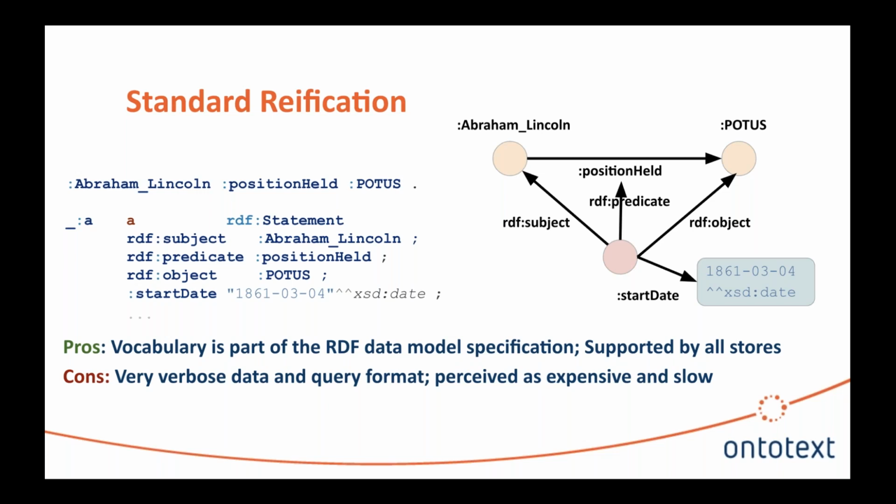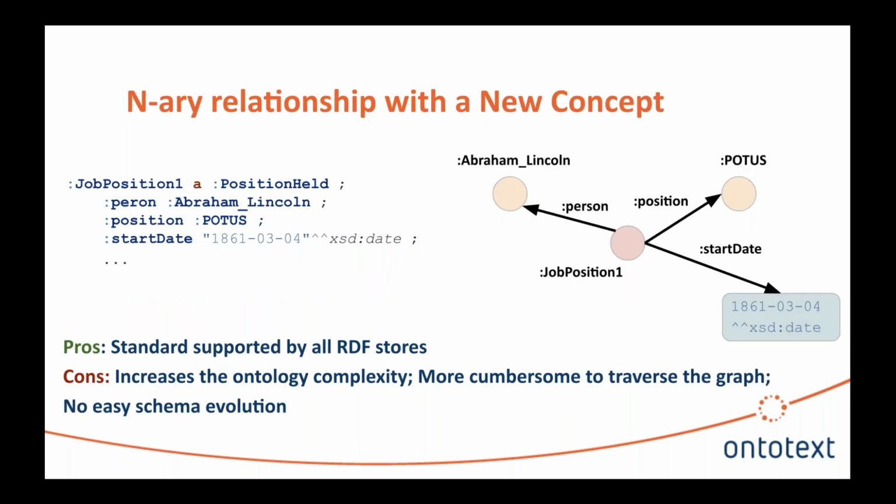It has always been perceived as relatively complex and slow, because typically for one single statement, in order to attach some metadata, you need to create at least 4 additional statements just to identify the statement for which you want to state something additional. So this is something which you can see in some sample datasets, but for sure it's not really widely used in any type of commercial grade use case.